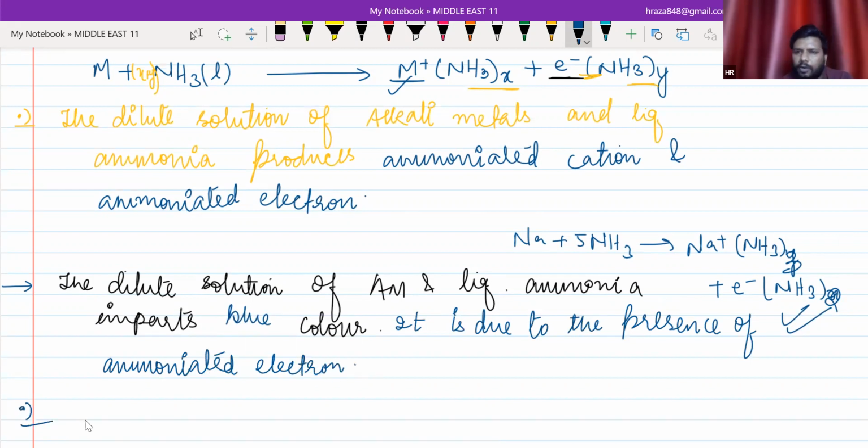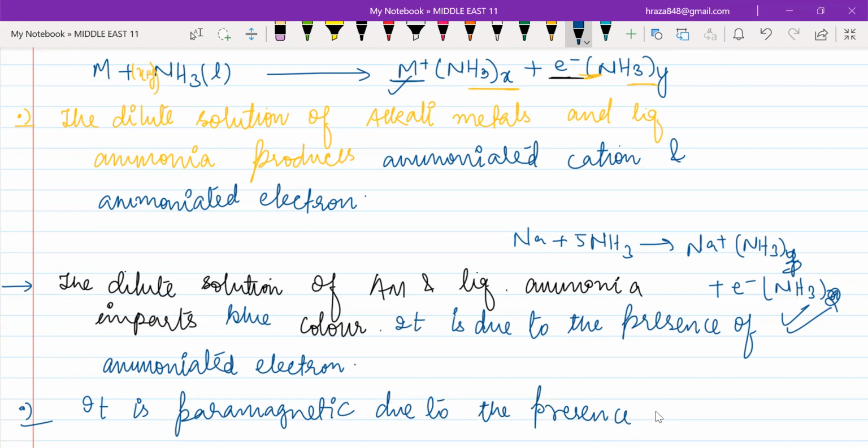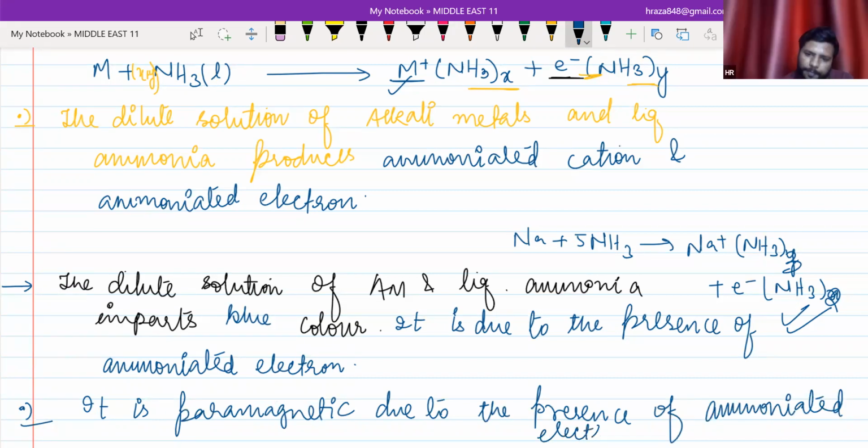Since it is a free electron, an unpaired electron, it is paramagnetic. So I'm going to write it is paramagnetic. Do you know what is paramagnetic and diamagnetic? Krishna? No, sir. Okay, no problem.